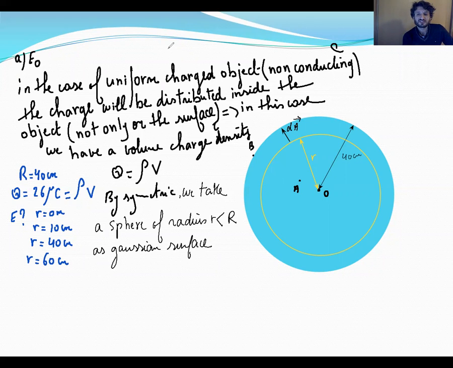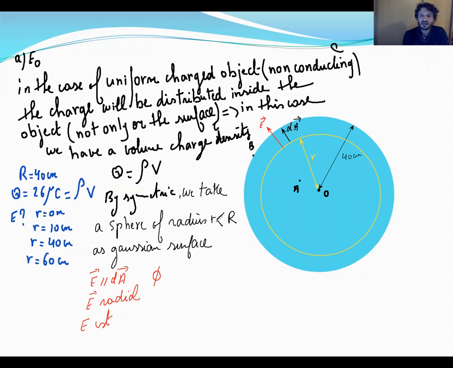Okay, this object is positively charged, so E must be outward at this point. Here we have E. The conditions: E must be parallel to dA, E must be radial, E must be constant.